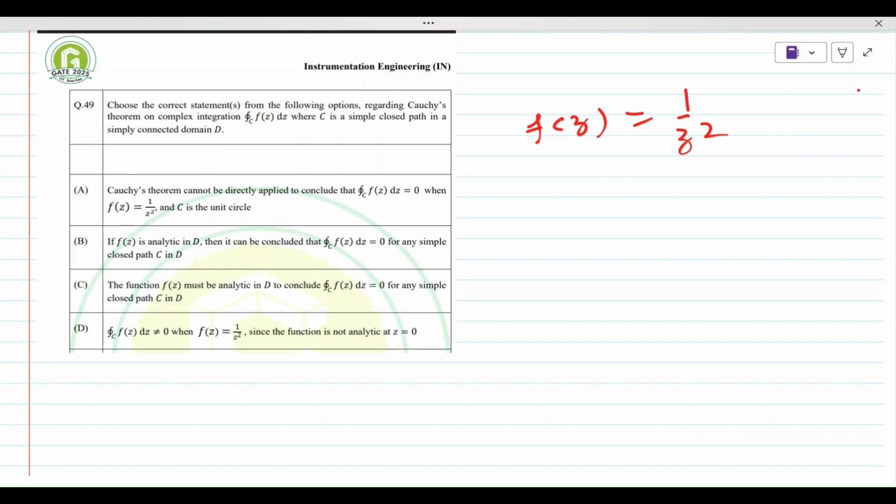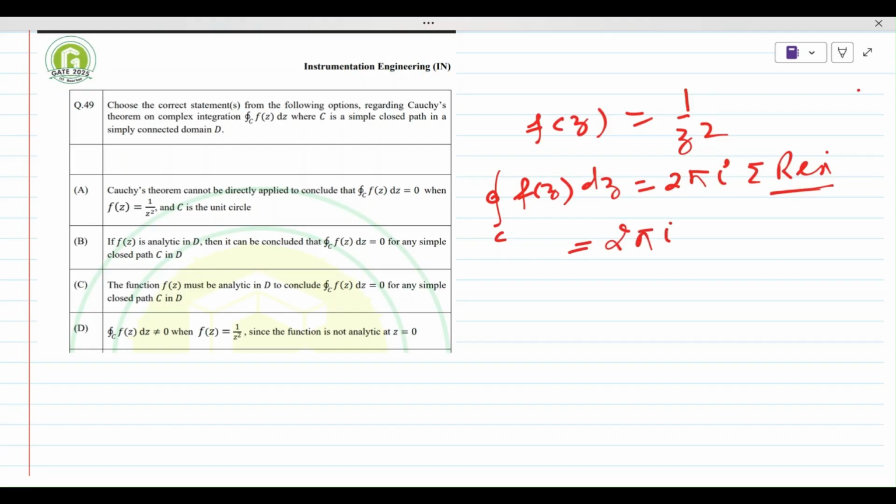So we are going to apply the residue theorem here. The residue theorem says the integral of f of z dz is equal to 2 pi iota times the summation of all the residues.